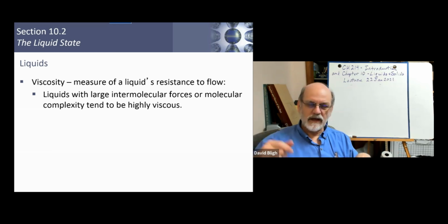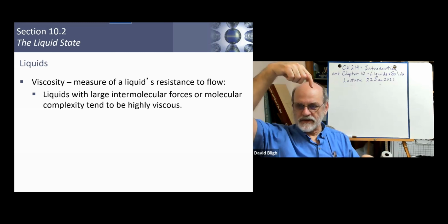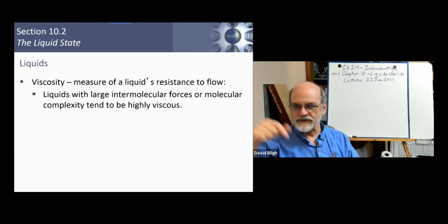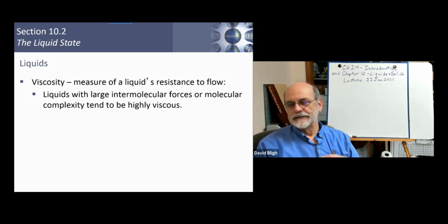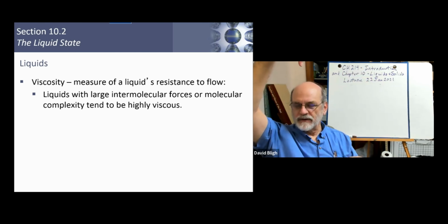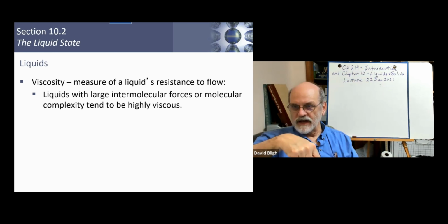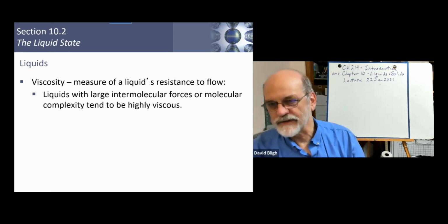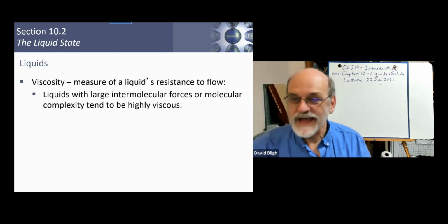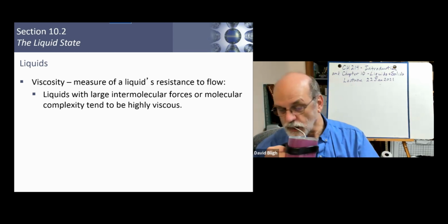You can let the liquid flow through a small orifice and see how fast the level drops. Or you can drop a standardized projectile into the liquid and see how far it penetrates. And that's also an indication of viscosity. There are a number of different methods that companies have used to create viscometers.